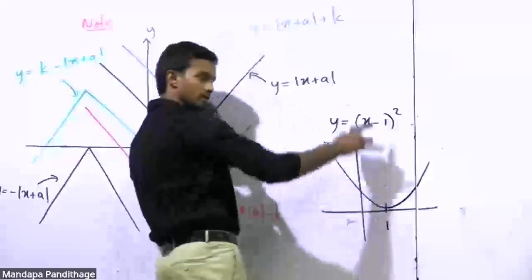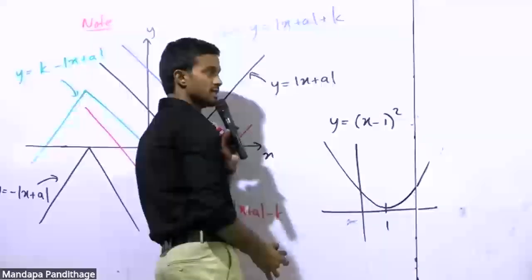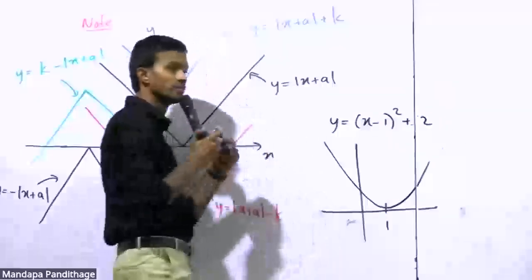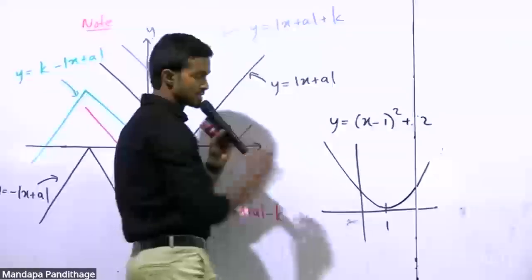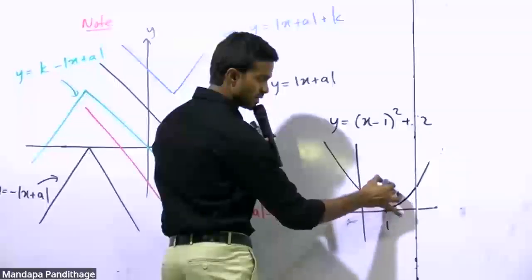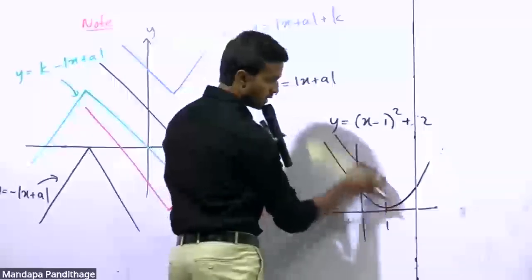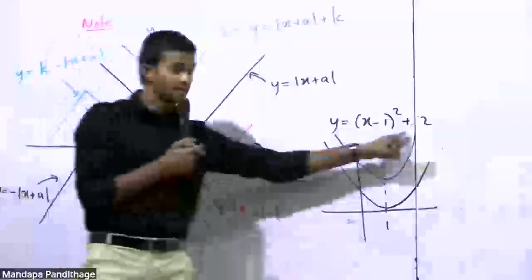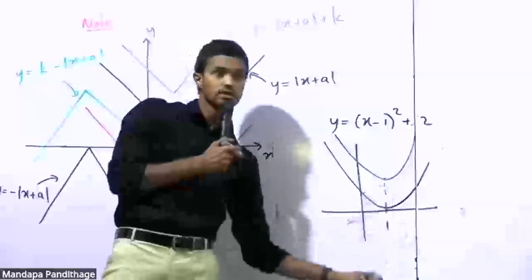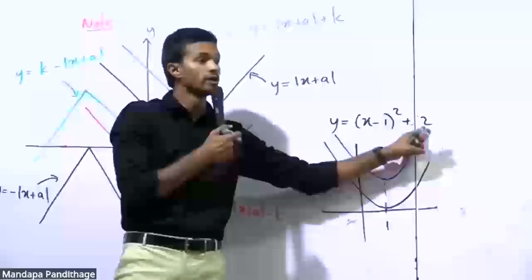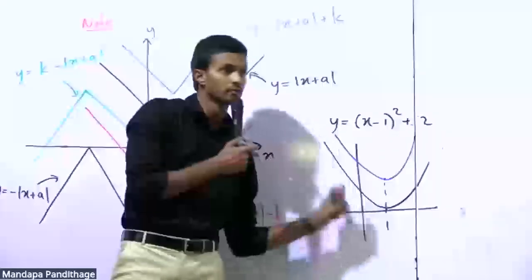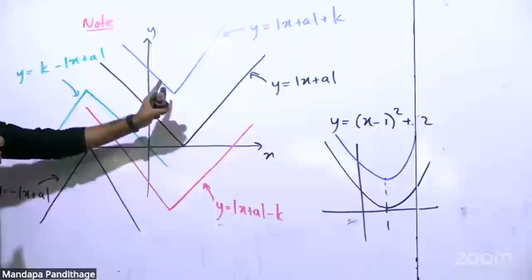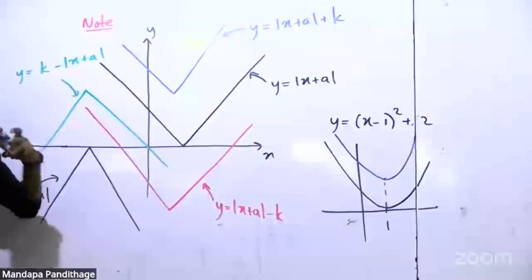When the question says, using this one, deduce the graph x minus 1 squared plus 2, this same graph was displaced by 2 units. That is the same thing I used here. If you are supposed to deduce minus 1, this one goes down. Same thing: a modulus plus comes up, a modulus minus goes down.